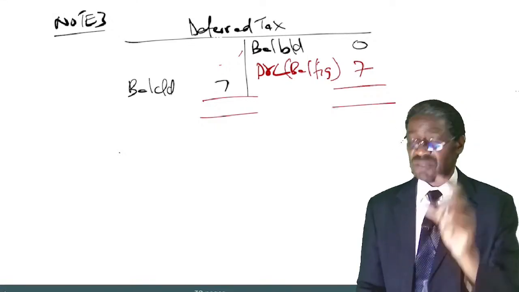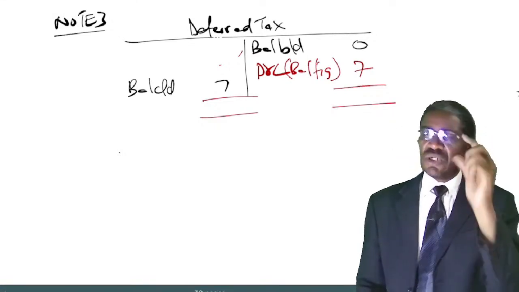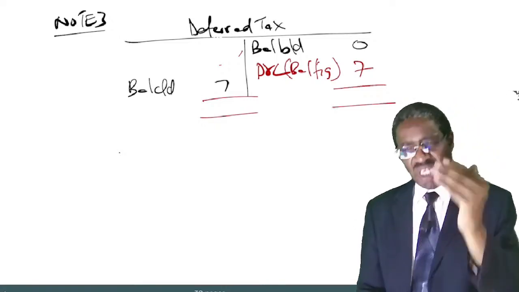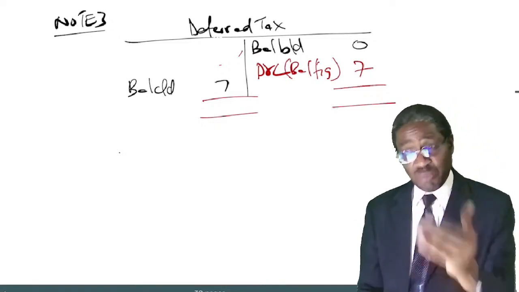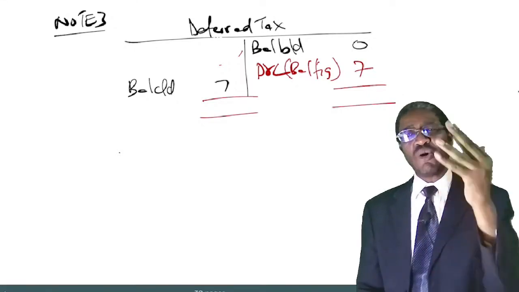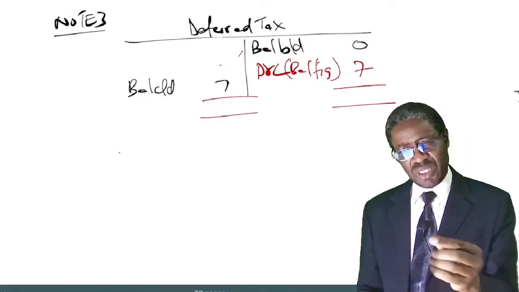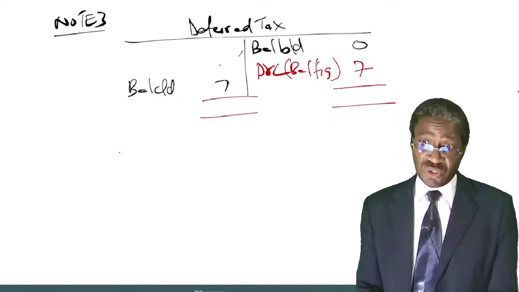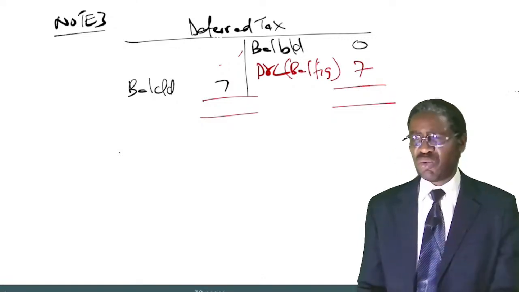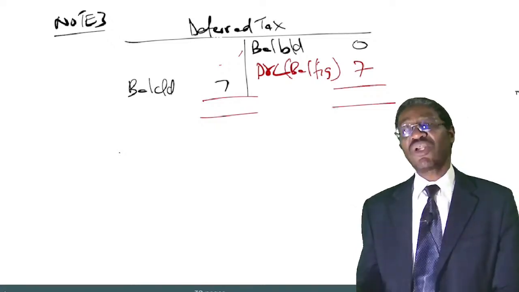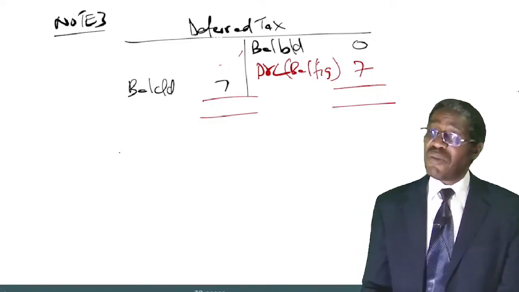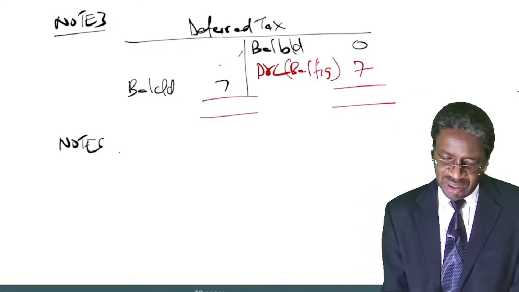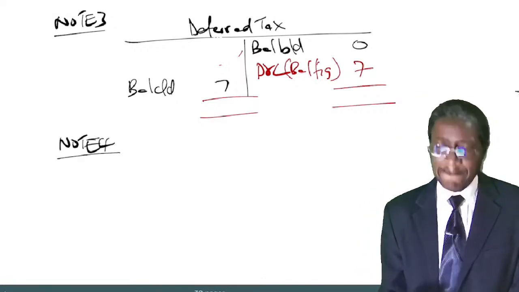Now, let me just help you to remember, whenever an asset is disposed, there are normally 4 steps to be followed in the determination of the gain or loss on disposal. Those are the steps we want to follow now in order to determine how much is the gain or loss on disposal. Now, we are doing note number 4.